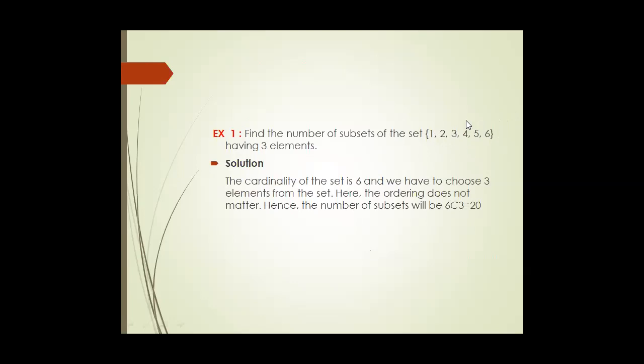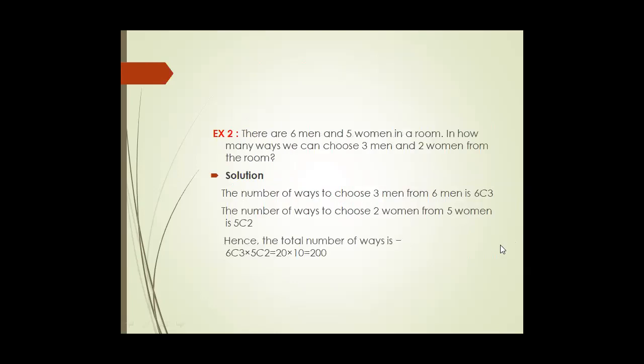There are 6 elements and we have to choose only three, so the answer is 6C3. To evaluate, 6 factorial divided by 3 factorial into 3 factorial. Just evaluate and we get 20.